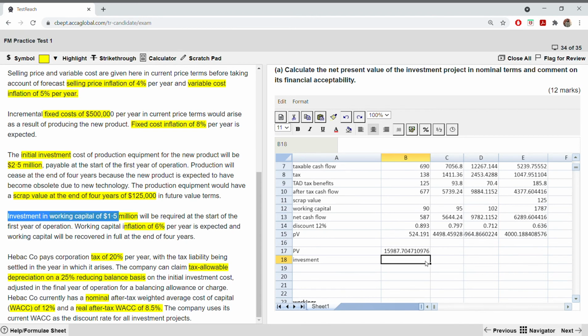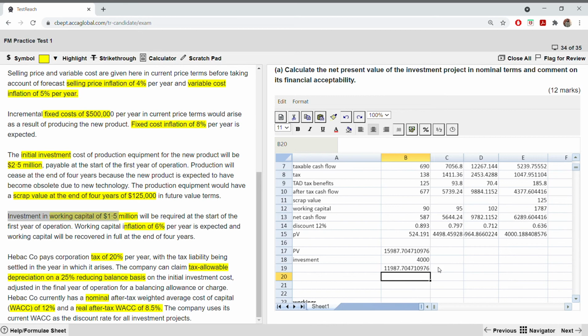Okay, 4,000. Now it is the present value minus the investment. 1,987.